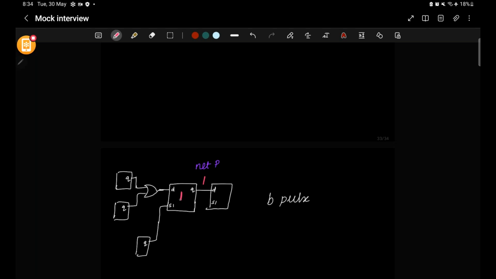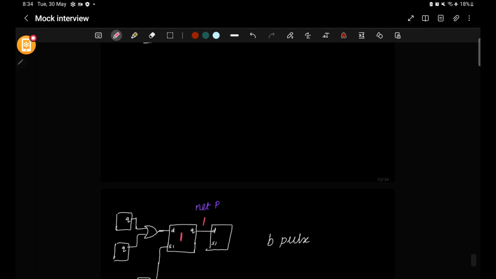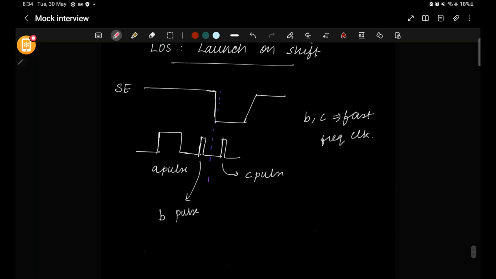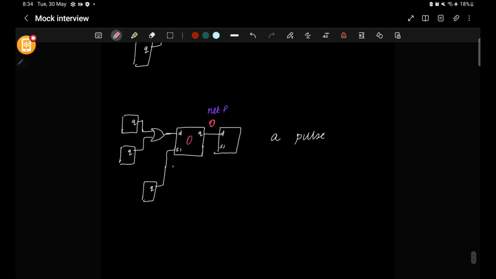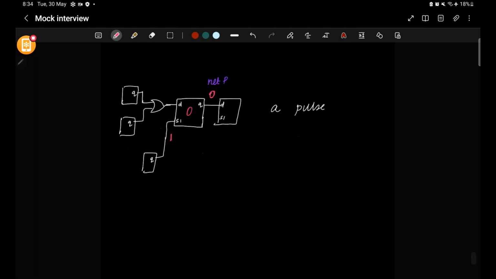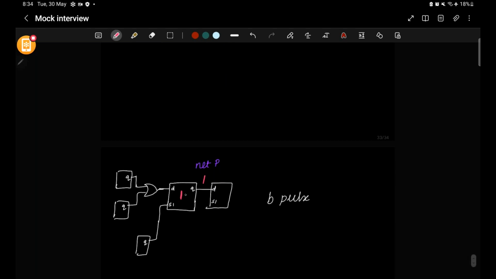So if this flop has to hold a 1 value, where is B pulse coming? B pulse is coming when scan enable is equal to 1. That is during the shift phase, this B pulse is coming. So whatever value is there in the SI pin of this particular flop, that value only will be going into this flop during the B pulse, because B pulse is coming during the shift phase.